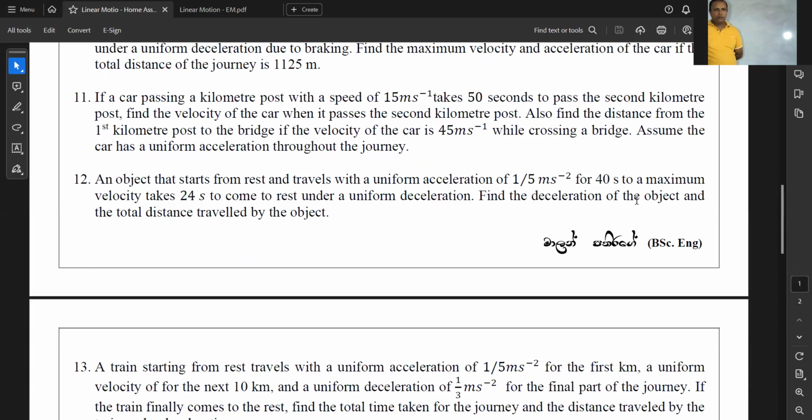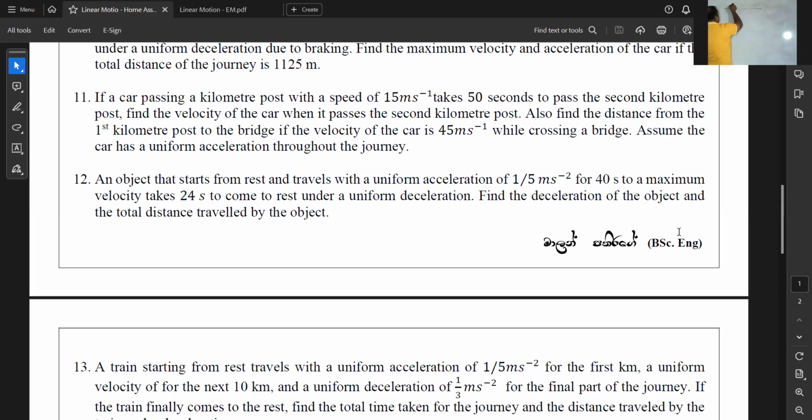Then it comes to rest under uniform deceleration. Find the deceleration of the object and the total distance traveled by the object.